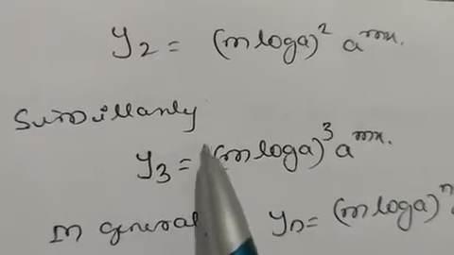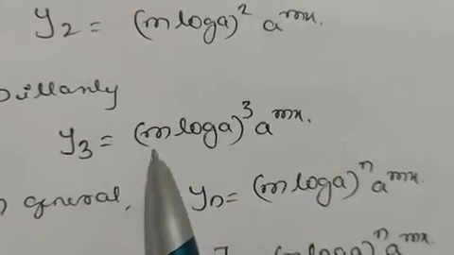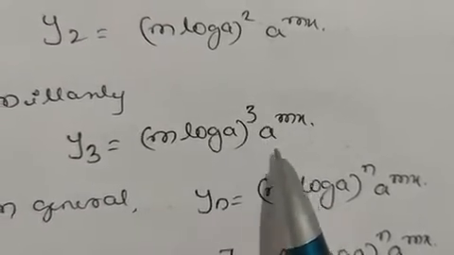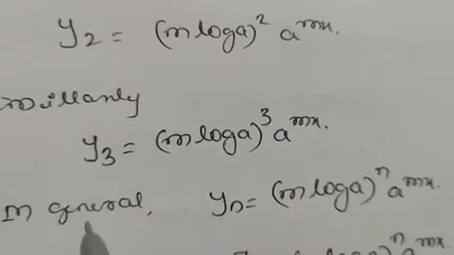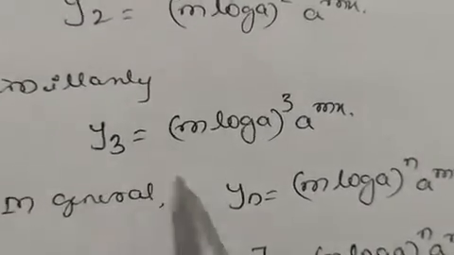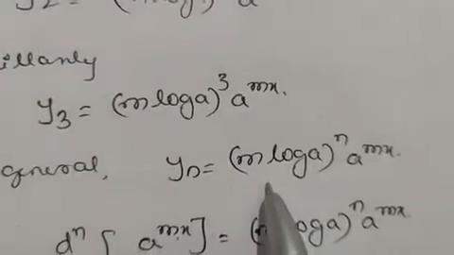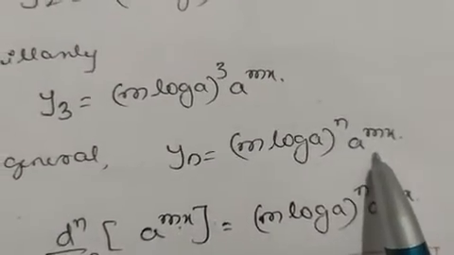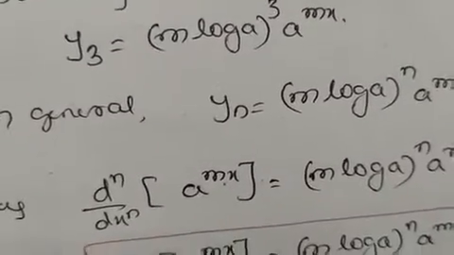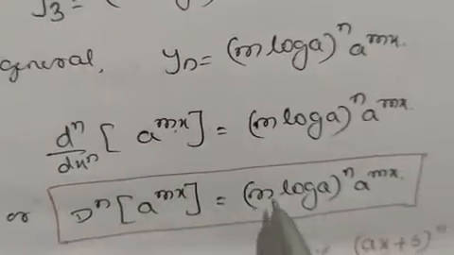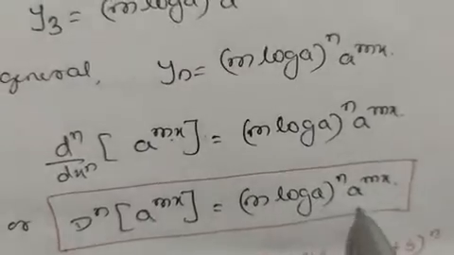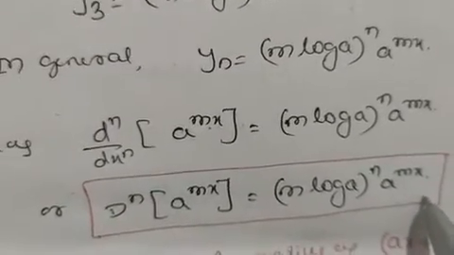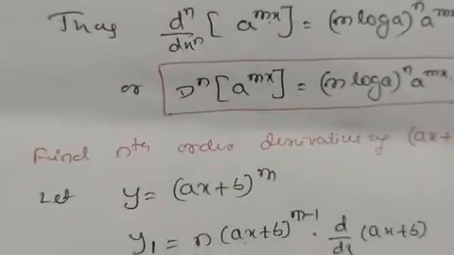So similarly we can differentiate this once again. So y3 is m log a raised to 3 into a raised to mx, and we can generalize this one. In general, yn is equal to m log a raised to n into a to the power of mx. That is, here nth order derivative of a raised to mx is m log a whole raised to n into a raised to mx. You have to remember all these formulas.